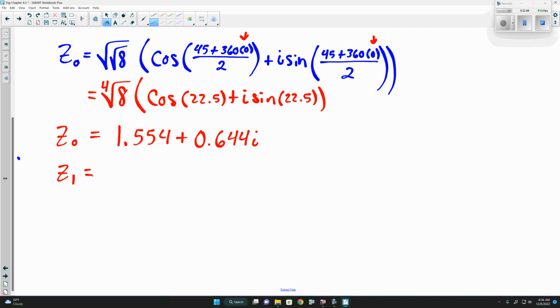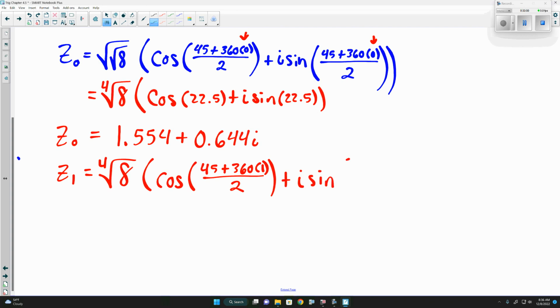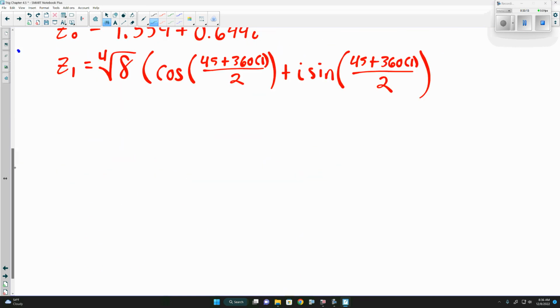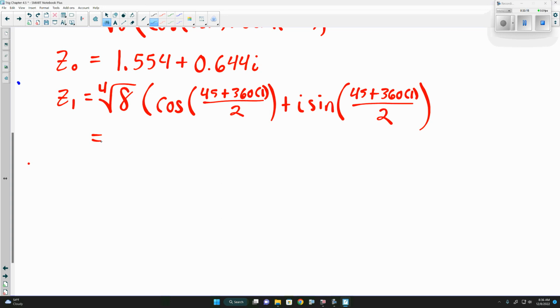So this is what we could do. 4th root of 8 cosine 45 plus 360, which is still just going to end up being the 4th root of 8.